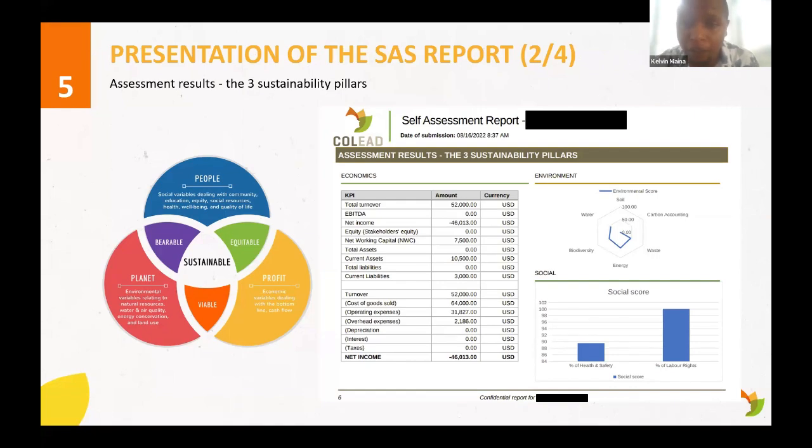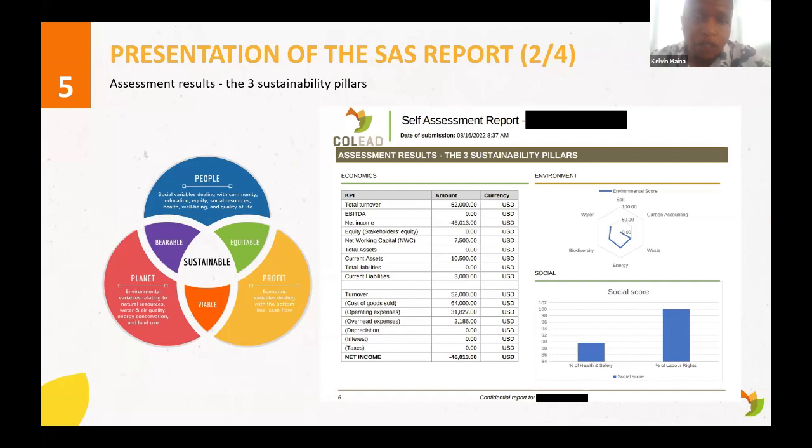This is the environmental score. Version 2 will be highlighted in a different color, so we can compare how the organization is faring depending on the different times that the SAS was implemented. Looking at social scores, you can see the health and safety score, labor and rights score as well.